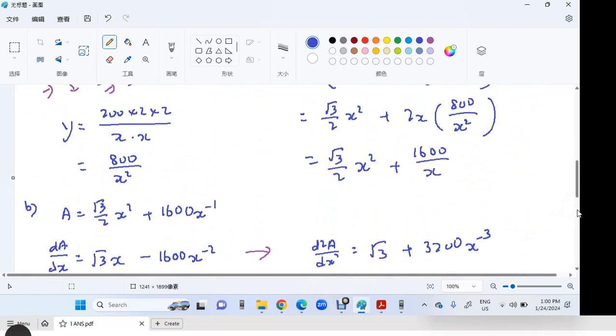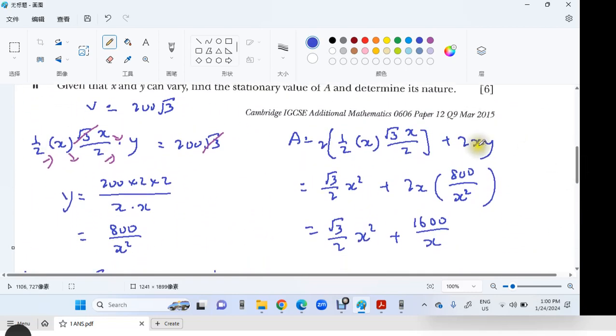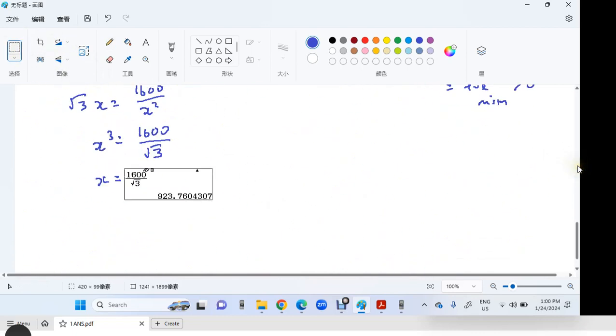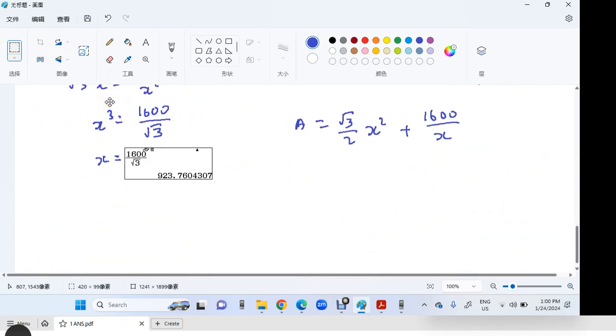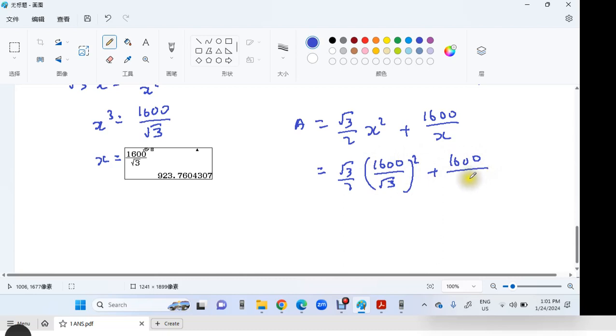Then the area, I substitute it, so the area will be square root 3 over 2 times x squared plus 1600 over x.